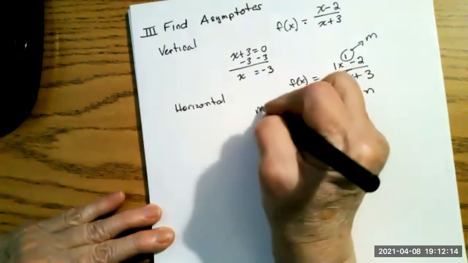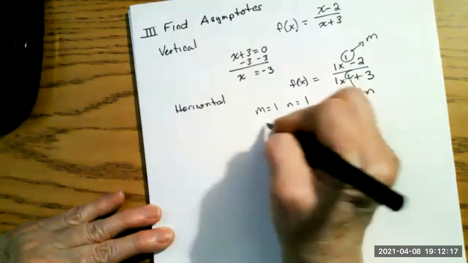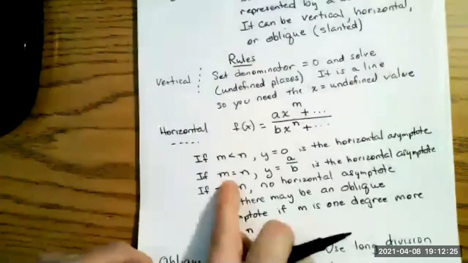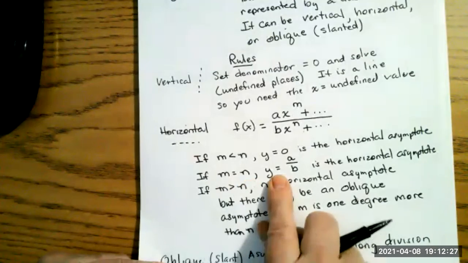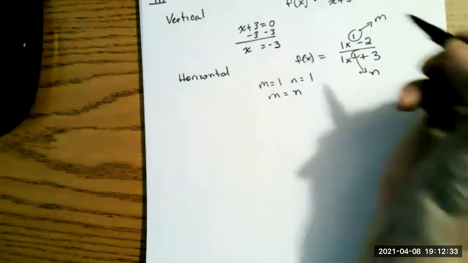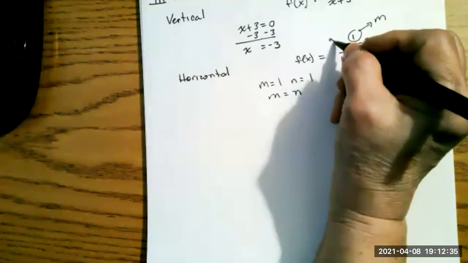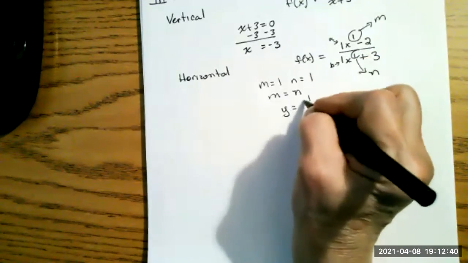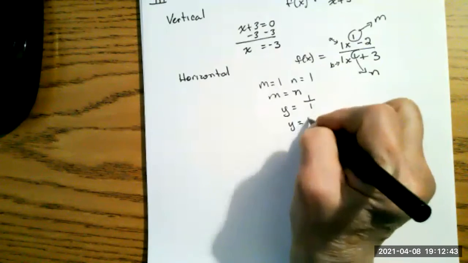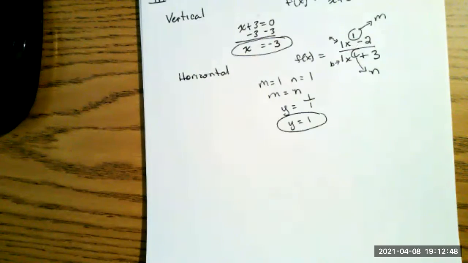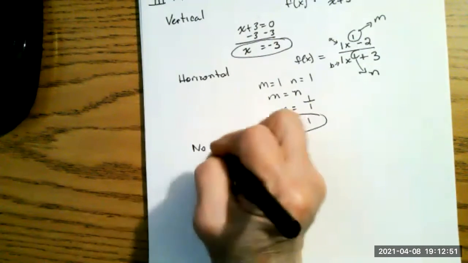So m is equal to 1 and n is equal to 1, so m is equal to n. So we're using the one that says if m is equal to n, y equals a over b. So a is 1, b is 1. So y equals 1 over 1, or y equals 1 is my horizontal asymptote. There is no oblique. If you have a horizontal, you won't have an oblique.